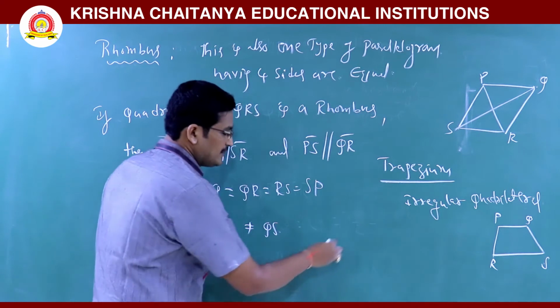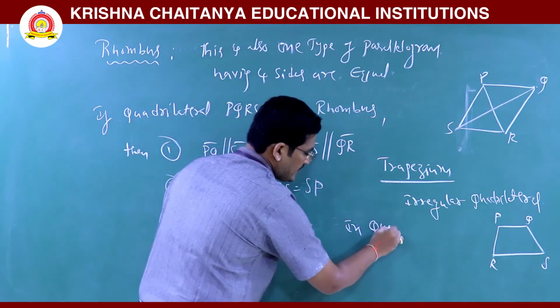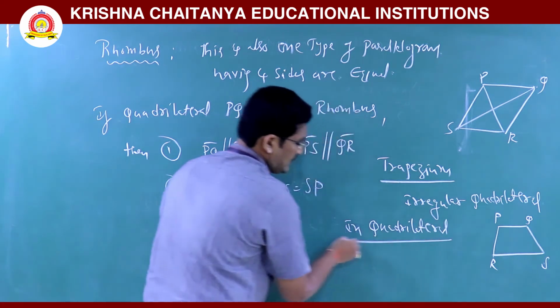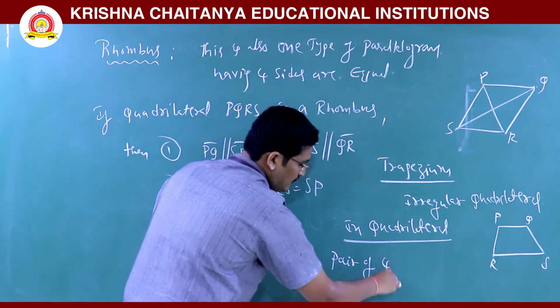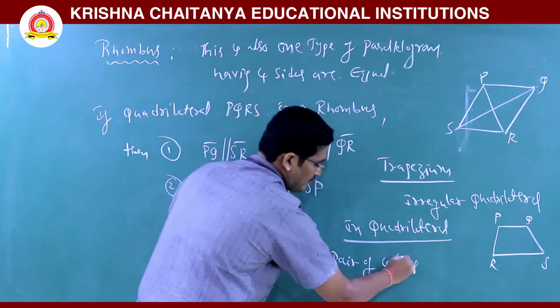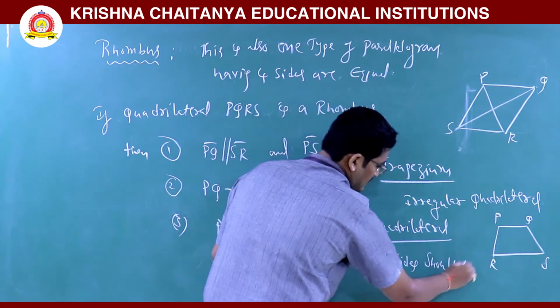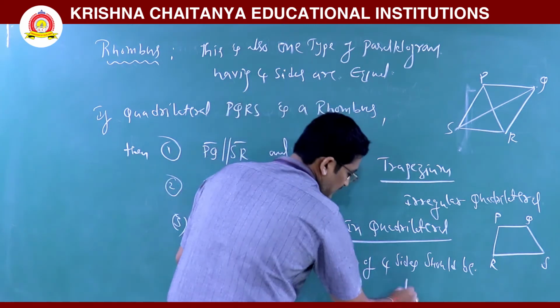So, what is the definition of a trapezium? In a quadrilateral, a pair of the four sides should be parallel.